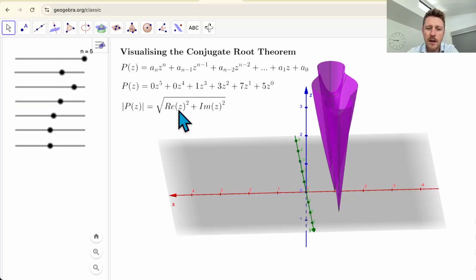Remember, these polynomials, let's look at this one here, are made up of lots of expansions of x plus iy. So x plus iy times x plus iy times x plus iy would give us z cubed.